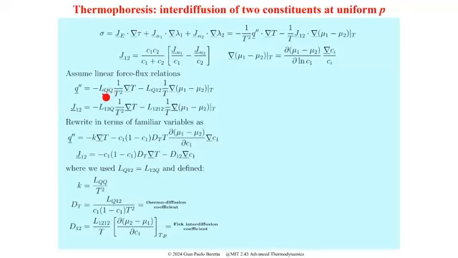You therefore put in a matrix of coefficients, and the matrix has to be symmetric. So we will have that LQ12 is equal to L12Q. And we rewrite it in so-called familiar variables, or the traditional ways, so as to single out the gradients in concentrations instead of the gradients in chemical potentials.